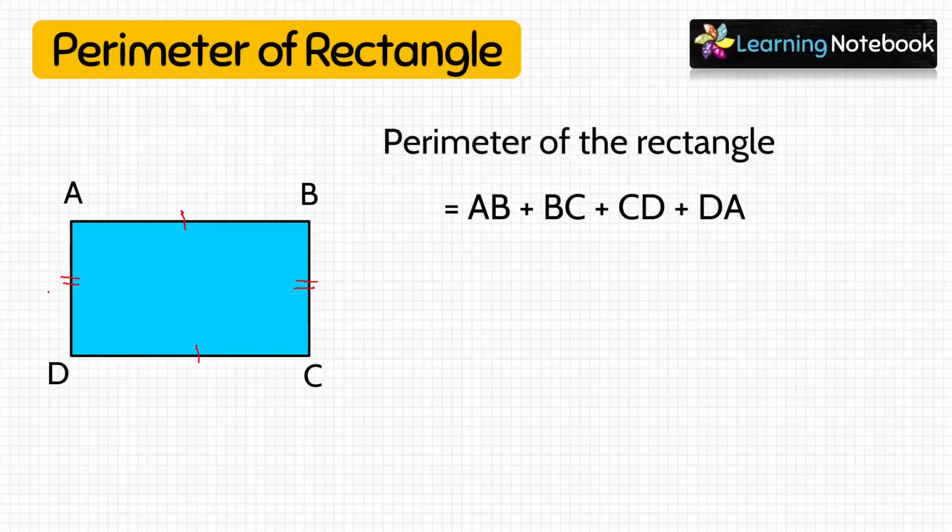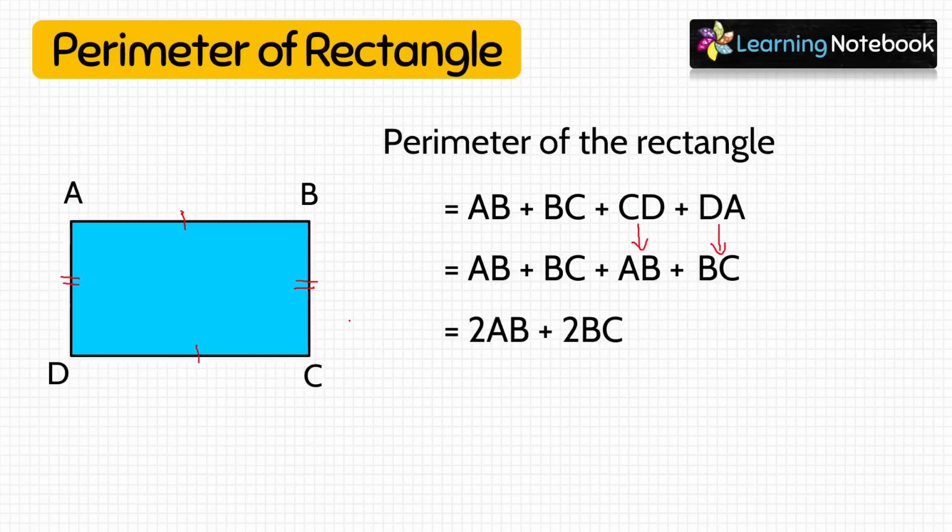So we can write CD as AB and DA as BC. Or we can write it as 2AB plus 2BC.